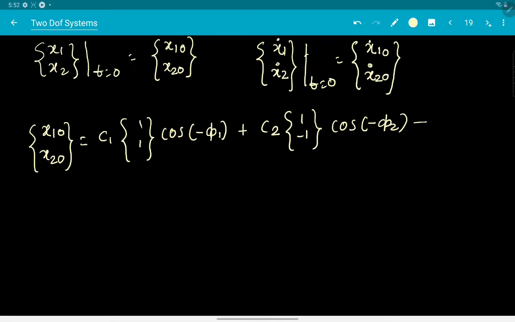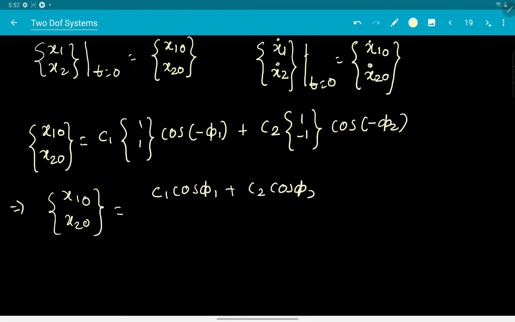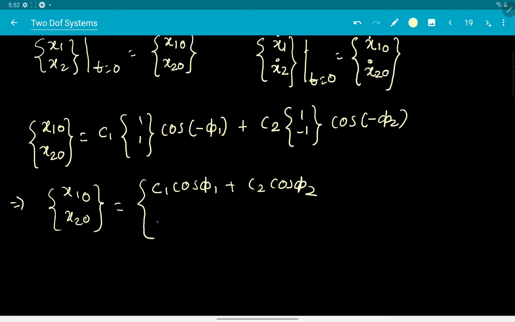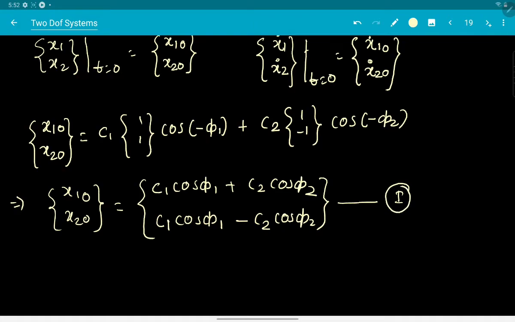Let me simplify it further, and we get c1 cosine phi 1 plus c2 cosine phi 2, and c1 cosine phi 1 minus c2 cosine phi 2. Let me say that this set of equations I'll be calling equation number 1.